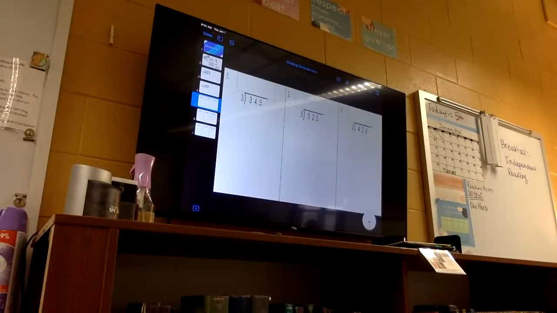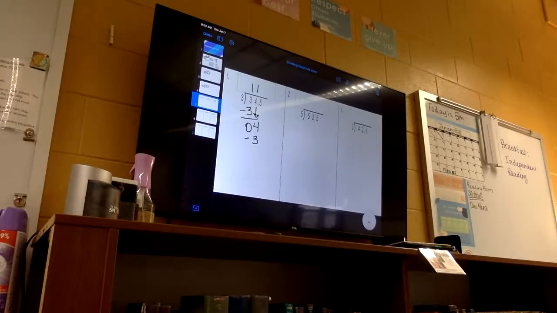Let's look at this problem: 34.5 divided by 3. I look outside of my house first. Do I have a decimal? No, 3 is a whole number. So do I have to do anything to my decimal right now? No, so I can go ahead and do my division. 3 divided by 3 equals 1. I put my 1, subtract my 3, get a 0, bring down my 4. Now I have 4 divided by 3, 1 again.